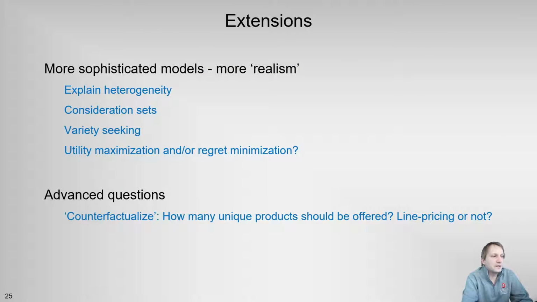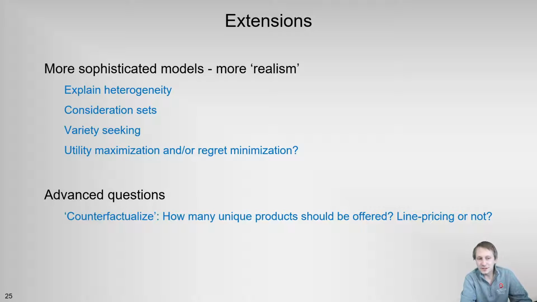So, a couple of extensions. Well, you can try to achieve more realism. So you would try to explain the heterogeneity. Why do some people like this? Why do some people like that? You can model consideration sets. So maybe some brands you wouldn't even consider, right?